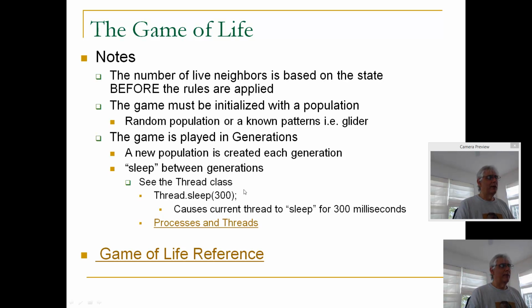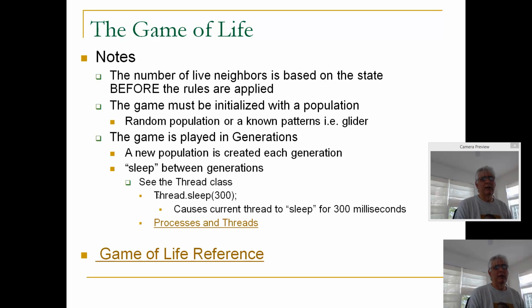To cause your thread to sleep is pretty easy, and sleep just means you go into a dormant state. There are no computations being performed. You can just use this static method of the Thread class. Here's the example, Thread.sleep(300).